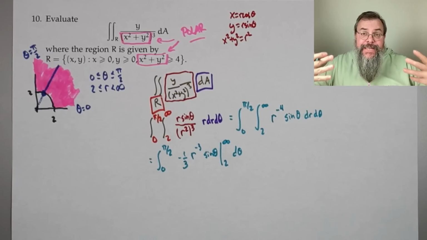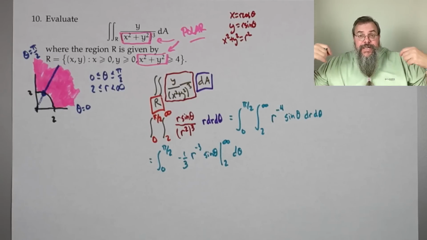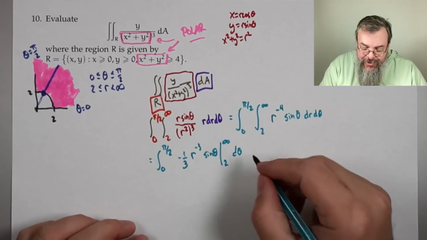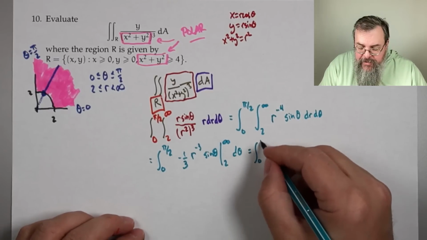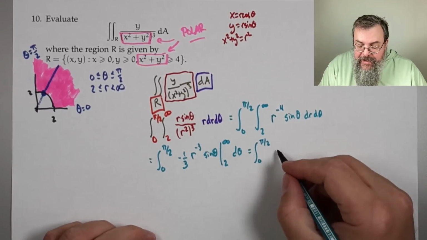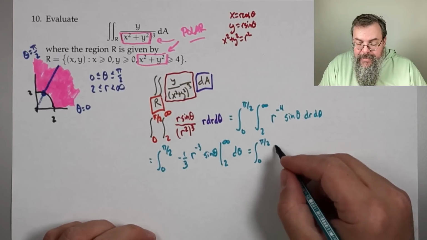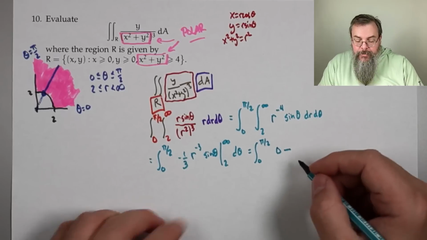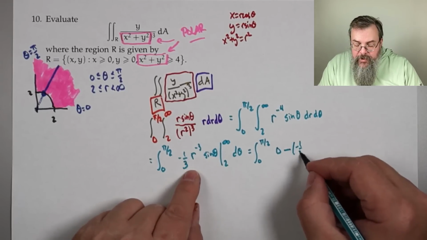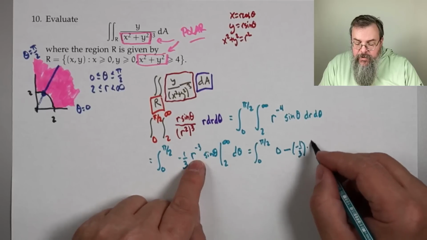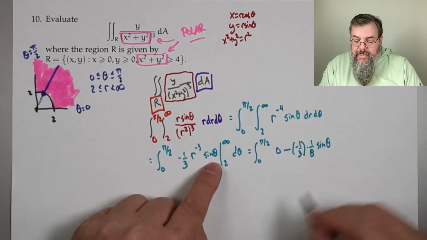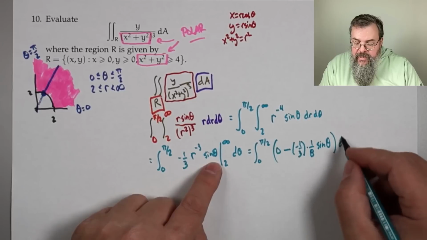As we get big, r to the negative 3 gets small. So when we plug in infinity, we're going to get 0. Subtract. Plug in 2. So we're going to have our negative 1/3. 2 to the negative 3 is 1 over 8. And then we have our sine theta. And of course, that's all d theta.